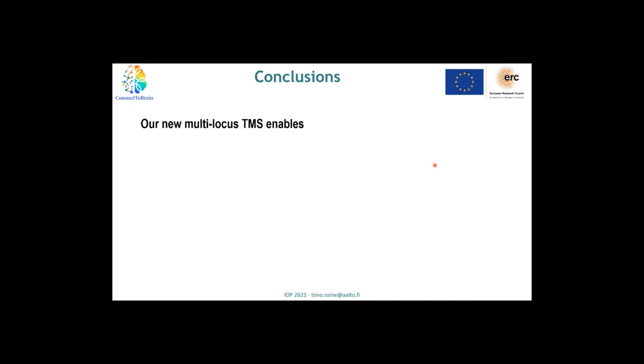So in conclusion, the new Multilocus TMS device enables automatic control over the locus, direction, intensity, and timing of the stimulation. In the first prototype, this means that the target region would be something like 3 by 3 centimeters.